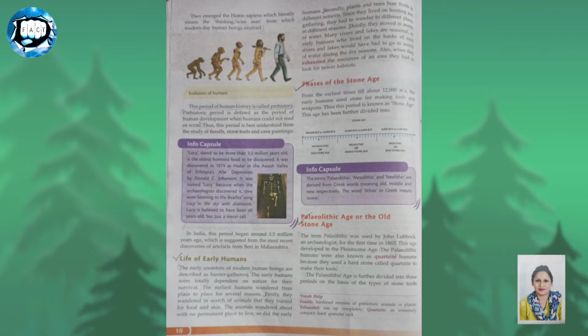The first reason was in search of food and skin. The early men used to hunt animals for their food, and they also used the skin for preparing clothes, meaning they covered their body with animal skin. Just like the animals wandered about with no permanent place to live, so did the early humans.